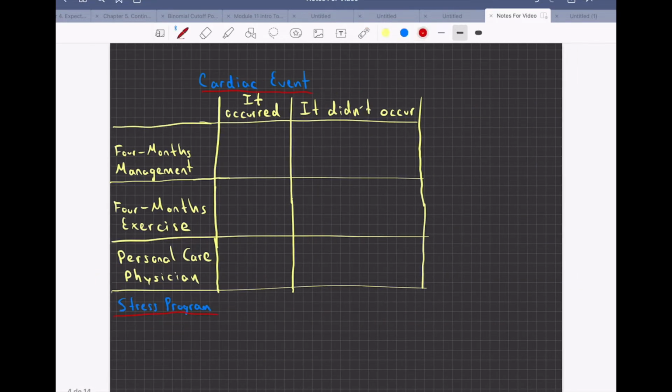So 3. How many did not occur? 30. In this case, we have only 2 outcomes for this categorical variable, but sometimes we can have even more. And the same for the other ones.